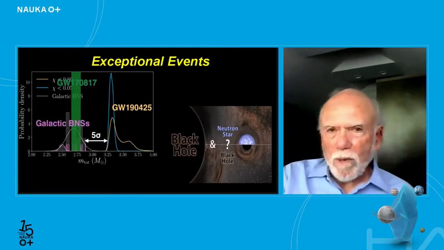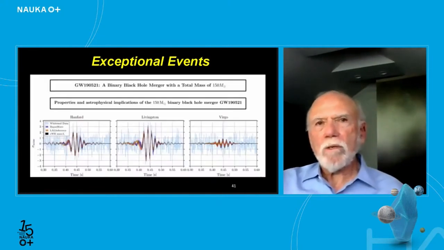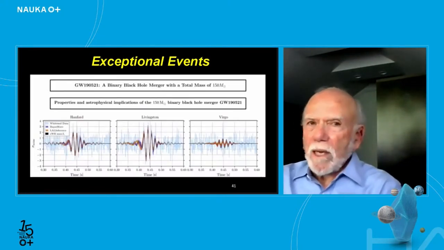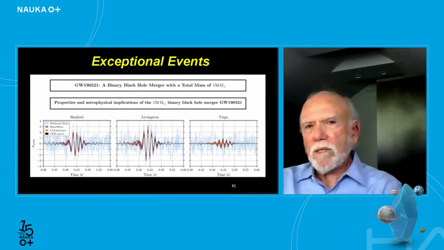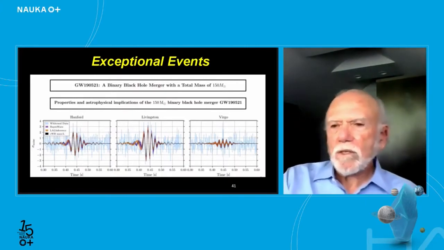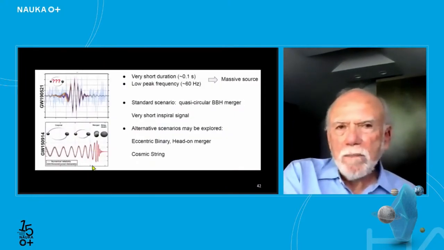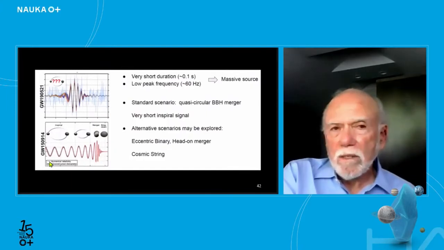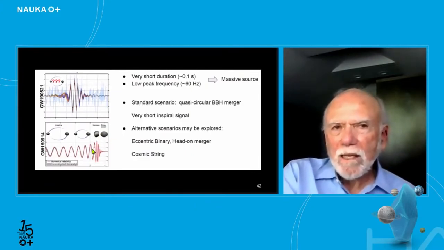And that's the first problem. Second, we see events that are too heavy. This is a picture of an exceptional event, which we only announced a month ago, which is 150 times the mass of our sun, probably a black hole merger, but we don't know that. You'll notice the signal looks different, and that's because what I show in the bottom in this picture here is the original signal that we detected and interpreted. Now I get a signal that looks different than that, but it's only the very final merger, so it looks a lot like the last piece.